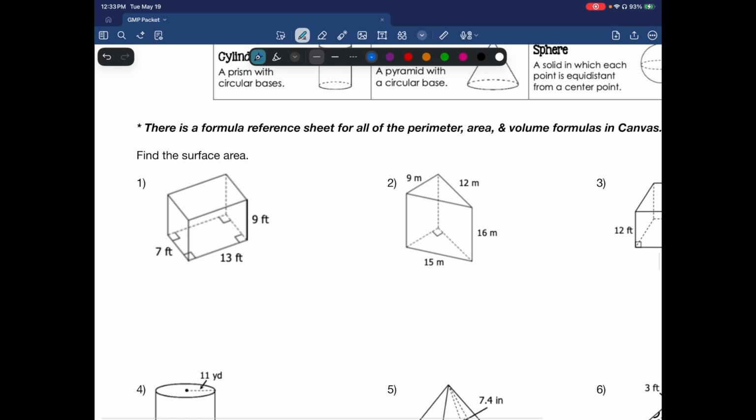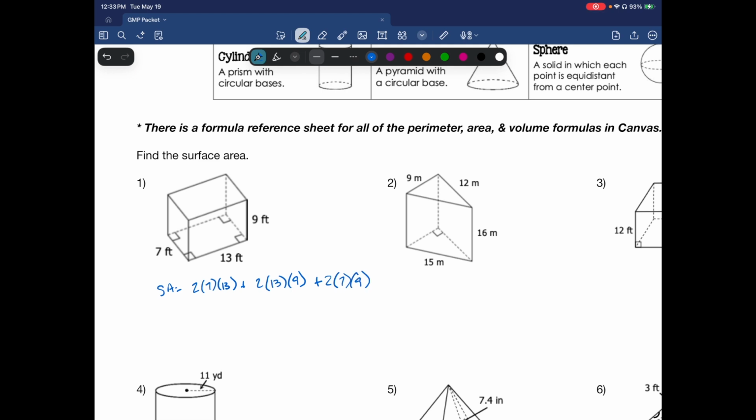All right, so for surface area, you're trying to find the area of each shape and add them all up. So the surface area formula here is going to be, I have two of each of these, so 2 times 7 times 13 plus 2 times 13 times 9 plus 2 times 7 times 9.